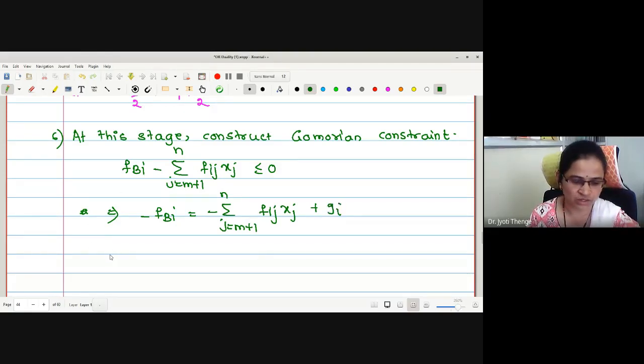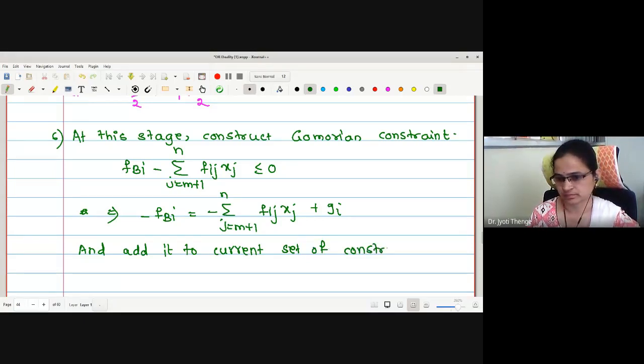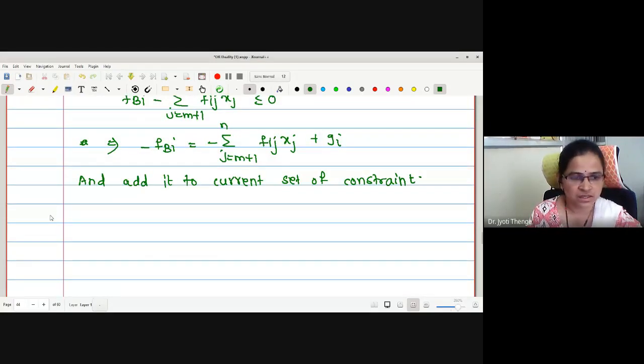Construct the Gomorian constraint and add it to the current set of constraints. Next, starting with this new set of constraints, you have to solve.